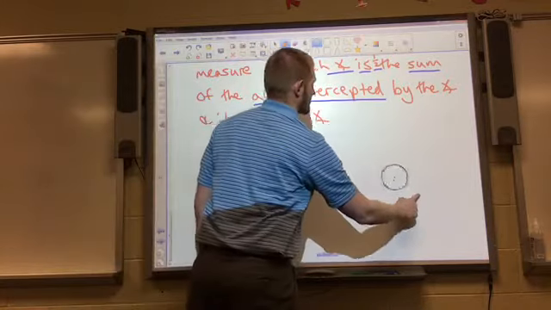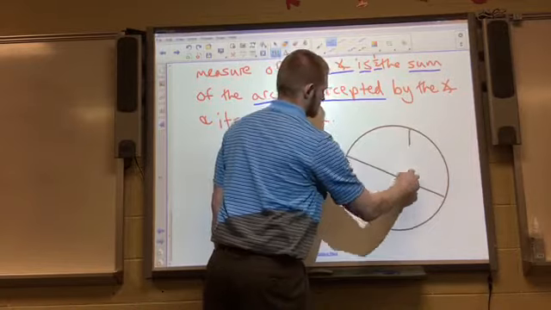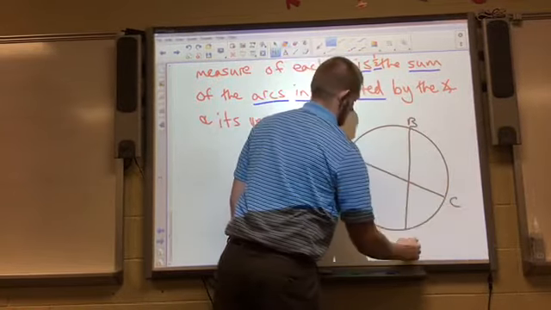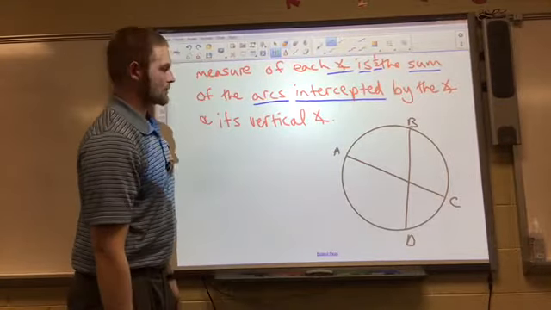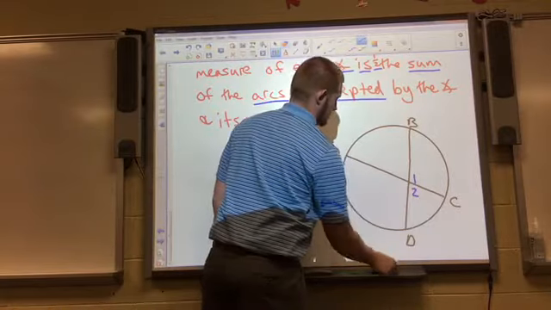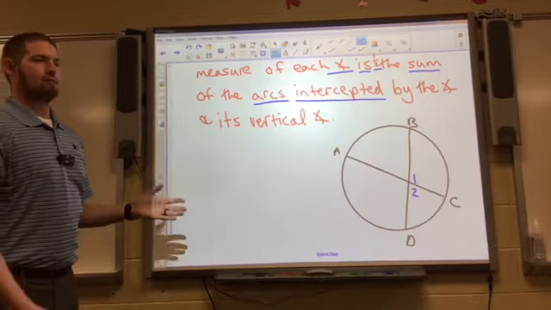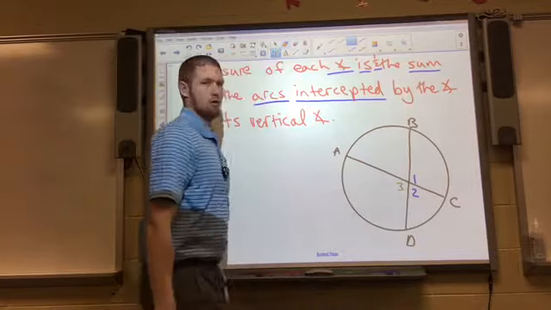So in our diagram, we have our two chords. Okay. And let's say we have angles 1 and angle 2. Now, do I have to solve for angle 1 and angle 3 using this equation?